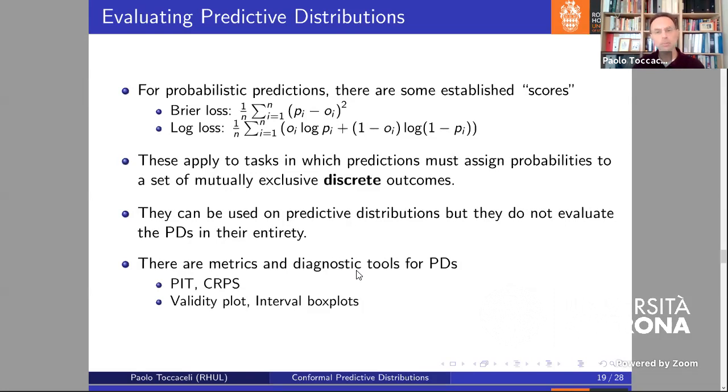So I'm going to talk about metrics and diagnostics that have a theoretical underpinning, and they are the probability integral transform and the continuous ranked probability score. But then I'll also talk about more practical ways of looking at predictive distributions, which are the validity plot and the interval box plots.